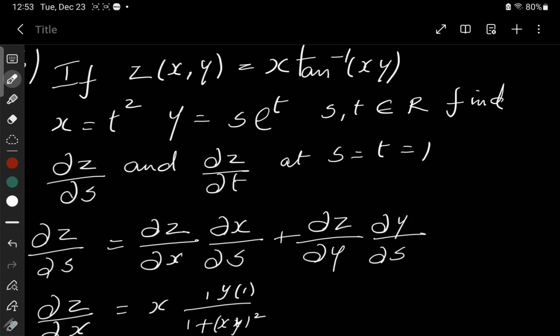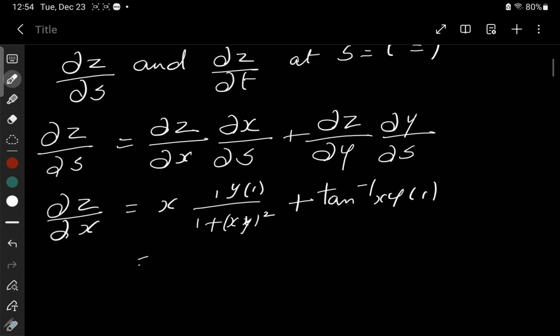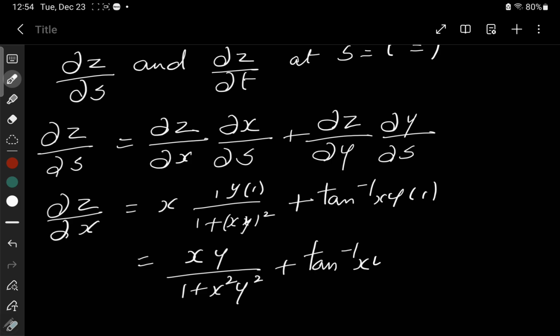Then keep tan inverse xy constant and differentiate x, you will get 1. So xy by 1 plus x squared y squared plus tan inverse xy. This is dou z by dou x.